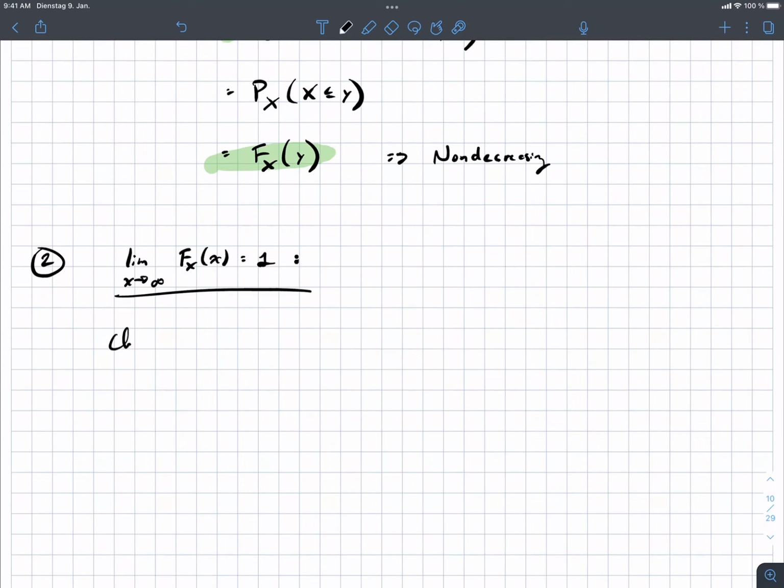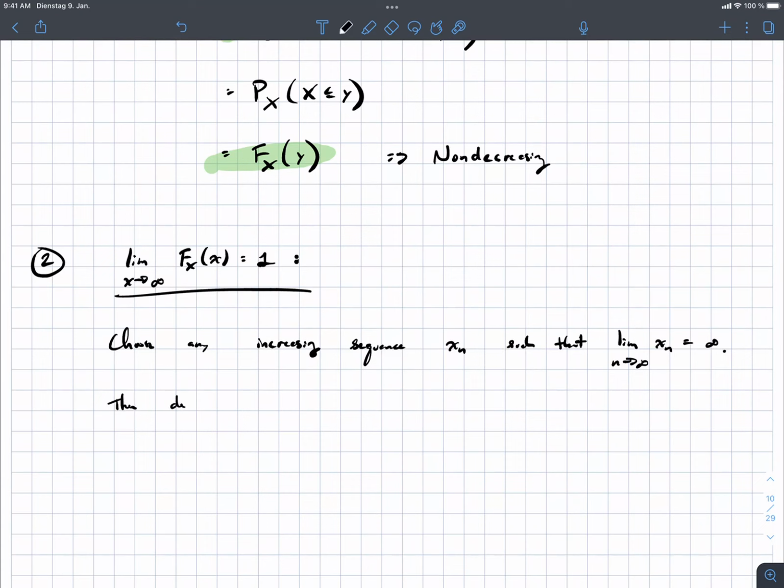So we can choose any sequence, say xn. Let's make it an increasing sequence, any increasing sequence xn such that the limit as n goes to infinity of xn is infinity.